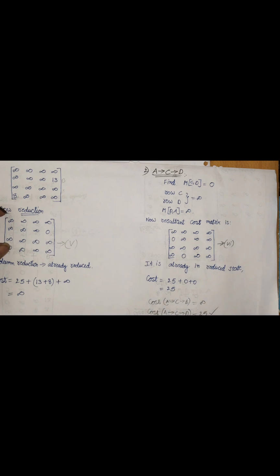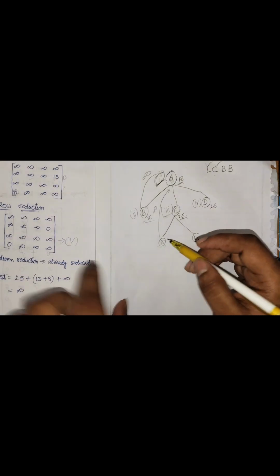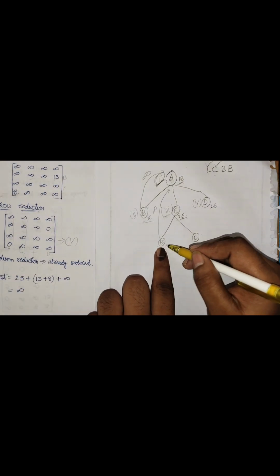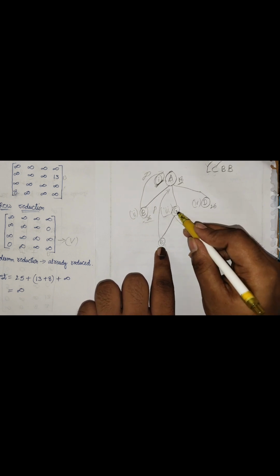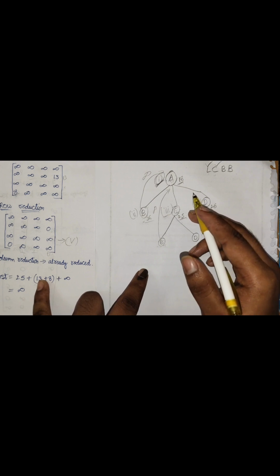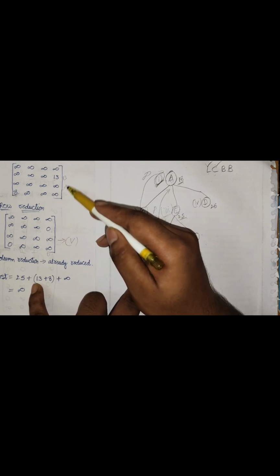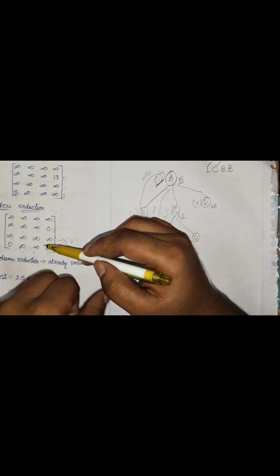Now let's calculate cost of B, the same thing which I have done previously. Cost of B is equal to cost of the parent node C, which is 25, plus the reduction elements. For row reduction you have used 2 elements, 13 and 8, and for column reductions you have used nothing, all are zeros.